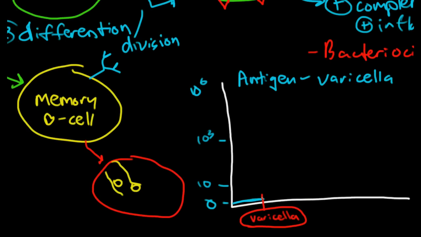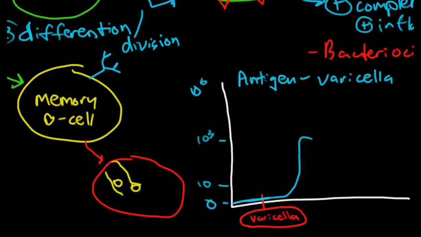And we're going to have a delayed response, as it takes a little while for that antigen to come across a B cell with the correct antibody, and then that B cell starts to proliferate into memory cells and into plasma cells, and we slowly ramp up in a logarithmic shape, and then we're going to peak maybe at 10 to the 3.